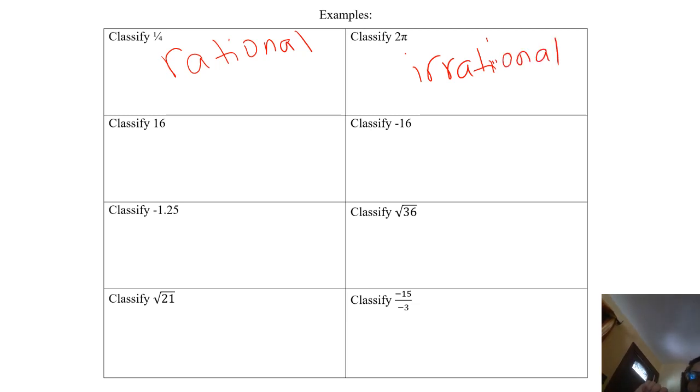All right, classify 16. That's not irrational because it's on the rational side. That was a whole number. Okay, so now, since it's rational, we use our chart. Question 1, is it a decimal or fraction? No. Go to question 2. Is it 0 or is it negative? No. Question 3, is it 0?